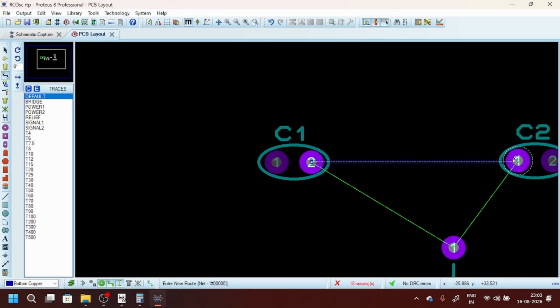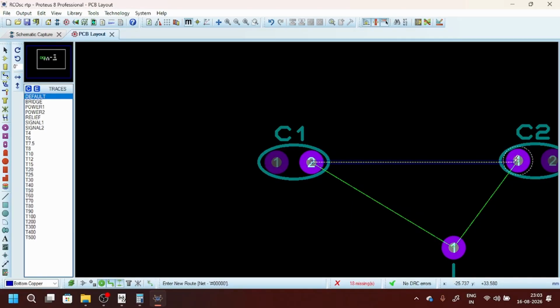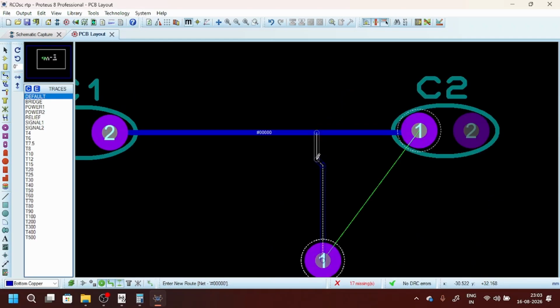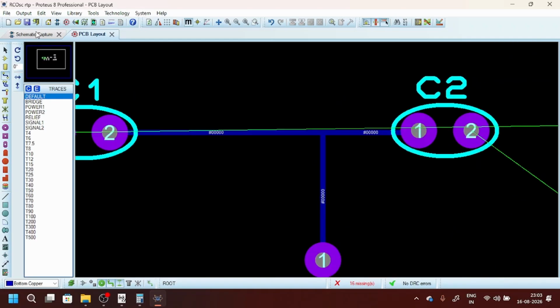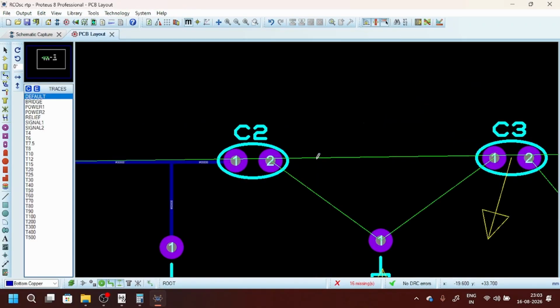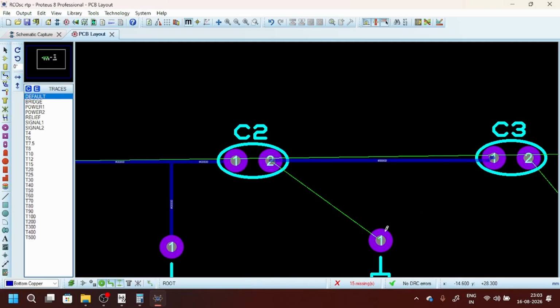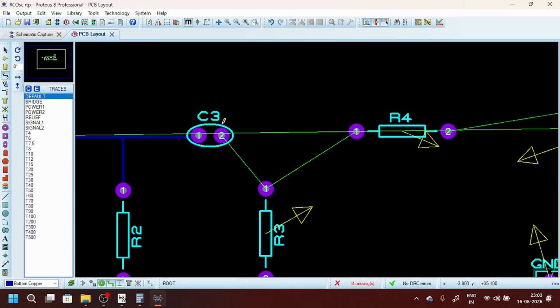Before that, I've selected the bottom copper, and now I'm going to connect one by one. So this one and this one, I'm connecting as per my circuit diagram. This is the easiest one. You just need to have an idea of where you're doing connections or where you're passing all the connections, and that will do the trick.